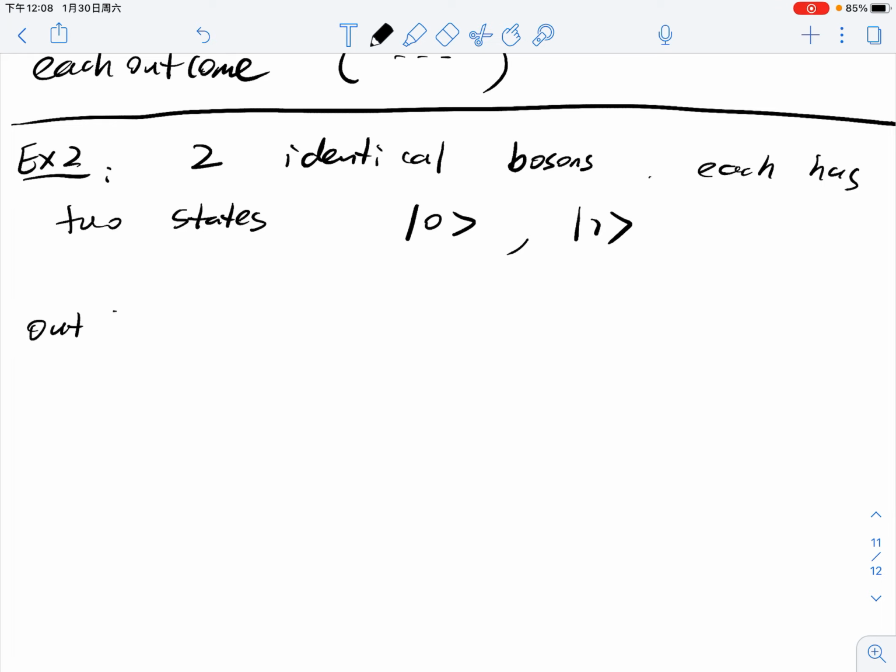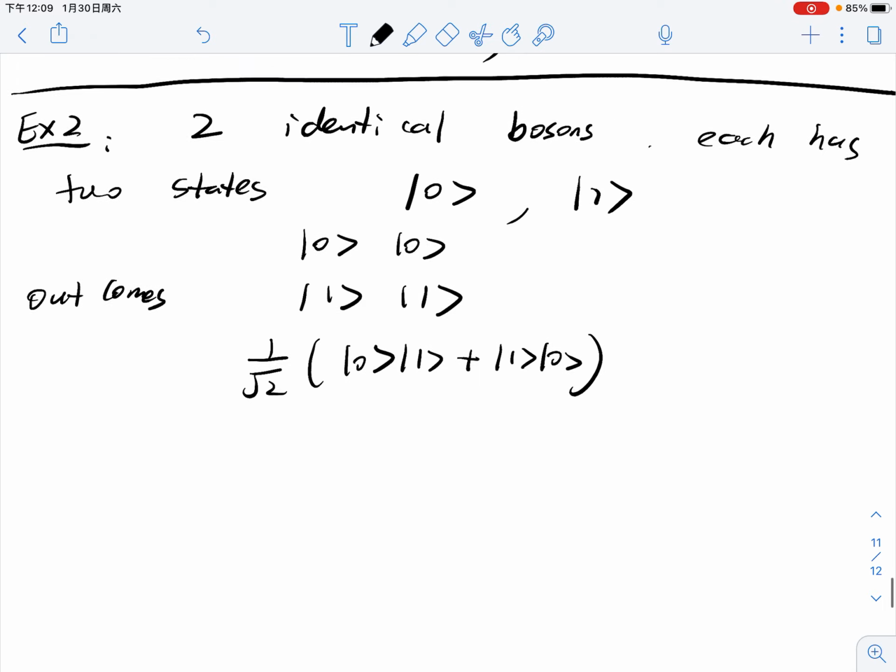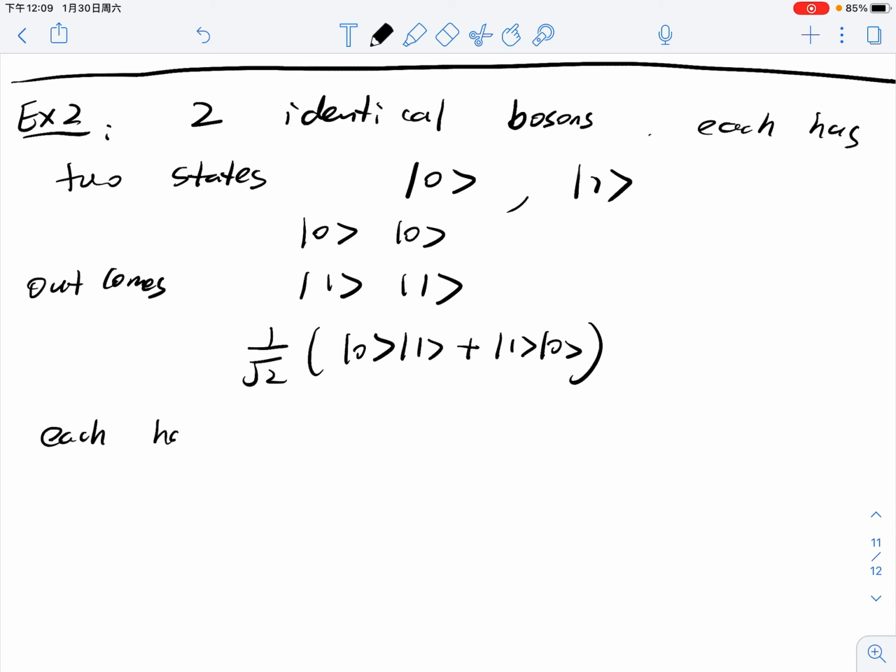Then what are the outcomes? Quite different to the tossing coins experiment. Now you don't have 4 outcomes. You only have 3. That is 00, 11, and (01 + 10)/√2. And each has probability 1/3.